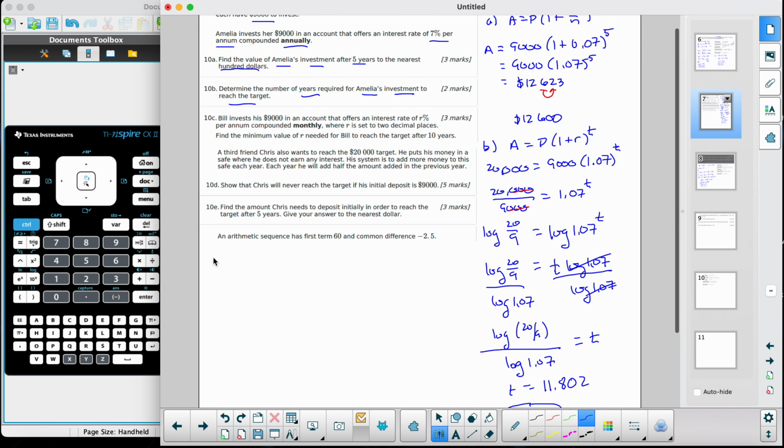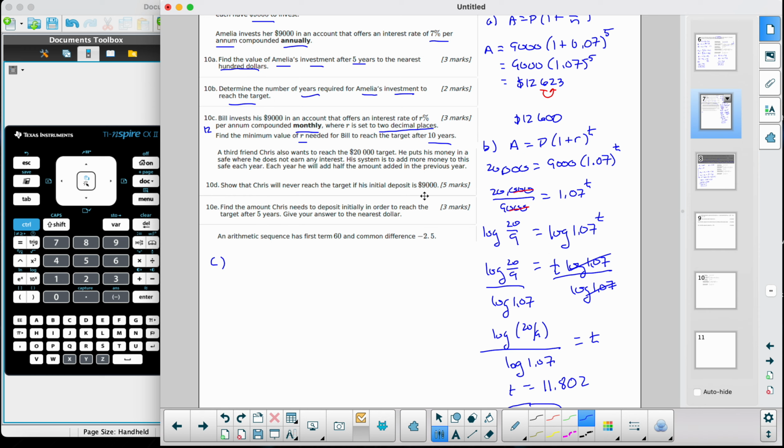All right, so now Big Bill, what's his problem? He invests $9,000 in an account that offers an interest rate of R% per annum compounded monthly. So that means N equals 12, right? Where R is set to 2 decimal places. Okay, great. Find the minimum value of R needed for Bill to reach the target after 10 years.